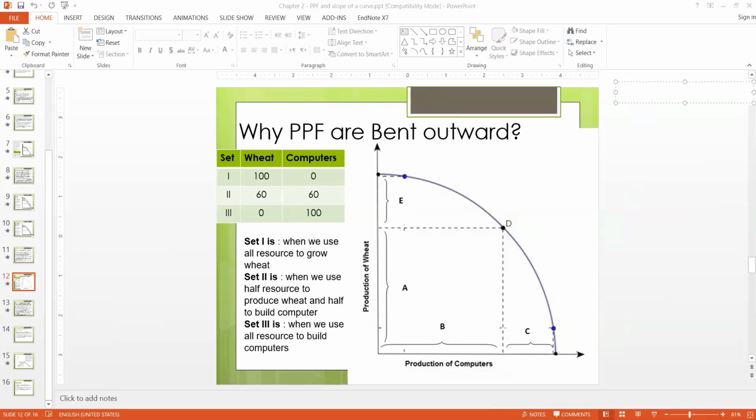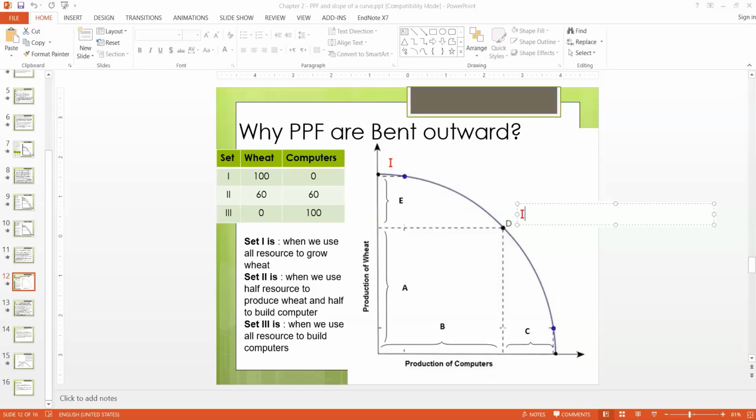All the resources, all the labor, including farmers and engineers, are used to grow wheat. So this is set one here. So all the resources are used to grow wheat, and we have this much wheat. And the second set is we use half of the resources to produce wheat and half of the resources to build computers. So this is set two.